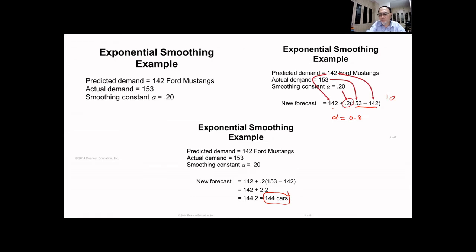If alpha is 0.2, then I am going to add 0.2 of 10, which is 2. If I use alpha 0.8, it is 8. So sometimes alpha that is too big is a problem, because you don't want to assume that the difference is because of a trend rather than just chance causes.